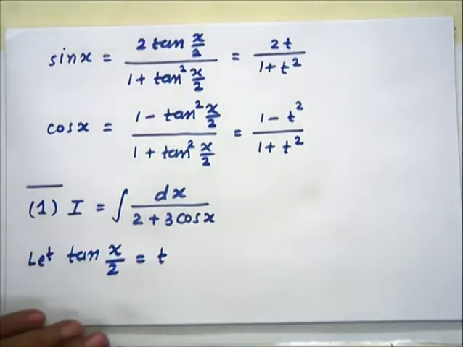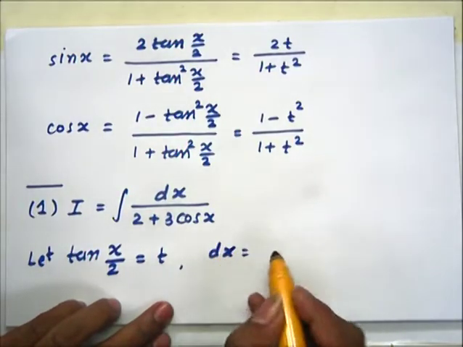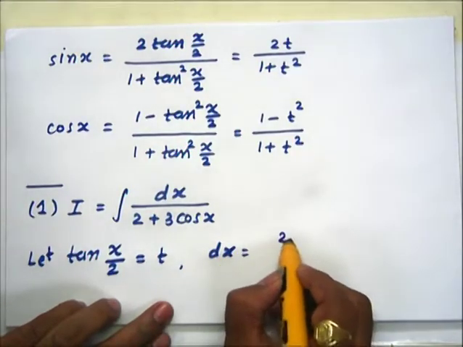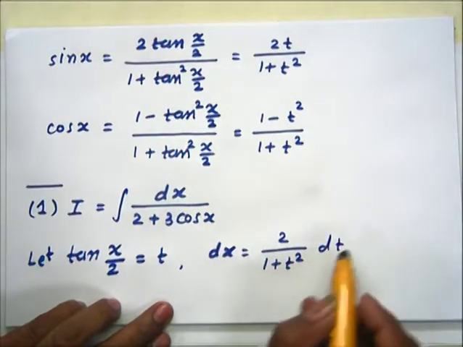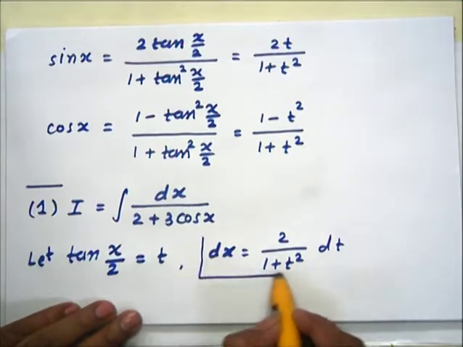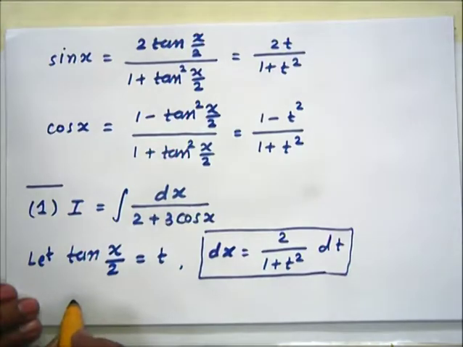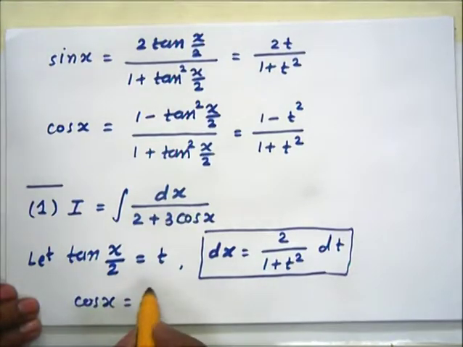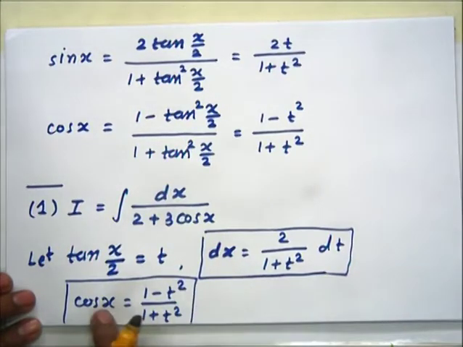We have seen that dx is 2 upon 1 plus t square dt, and cos x is 1 minus t square upon 1 plus t square. We will substitute these two things.